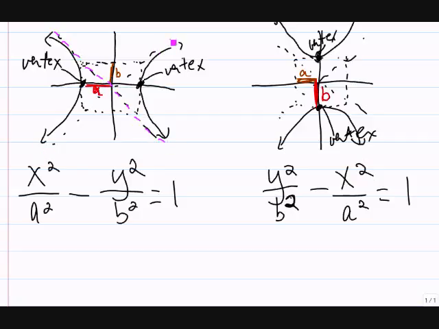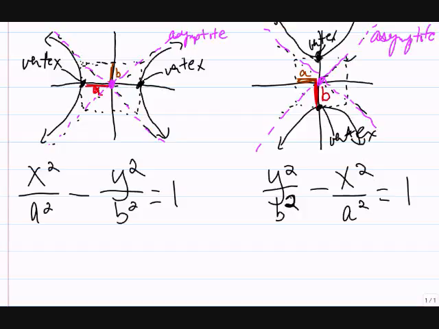This purple line are the asymptotes. And let me make my little purple lines on the other one too. The asymptotes go through the center of the hyperbola.